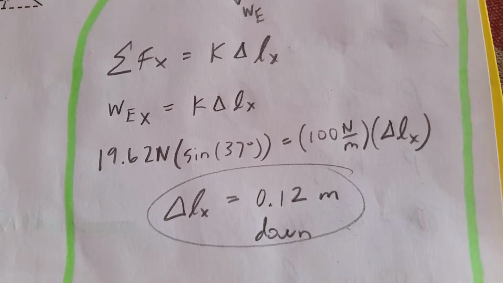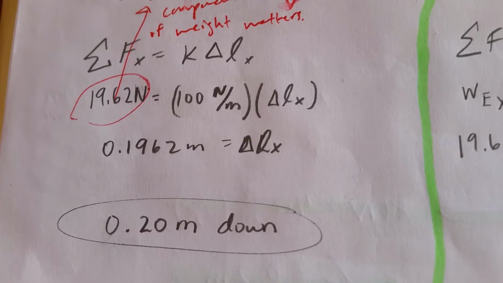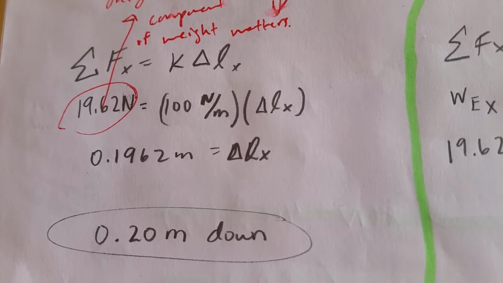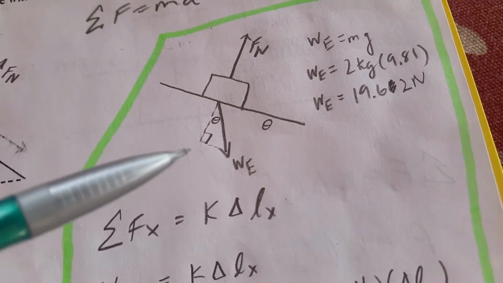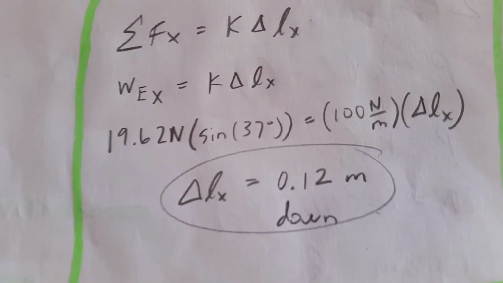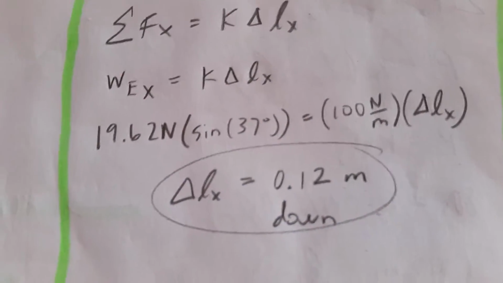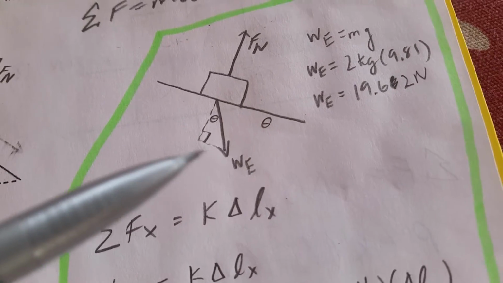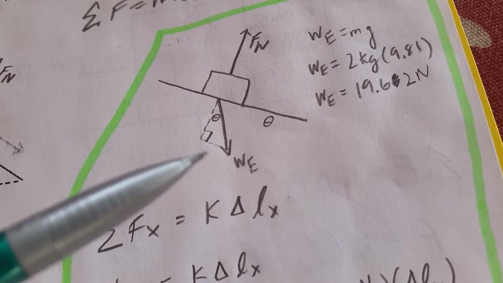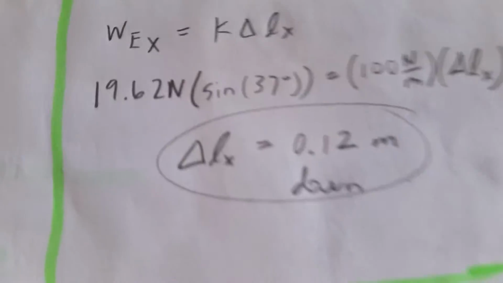So instead of using the entire weight that I used before, the 19.62 newtons, I just had to use this bottom portion, which is 19.62 newtons, the weight of the Earth, times the sine of 37 degrees, which will give me the magnitude of that force.